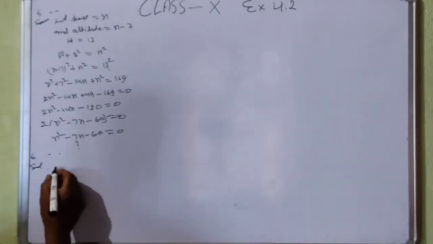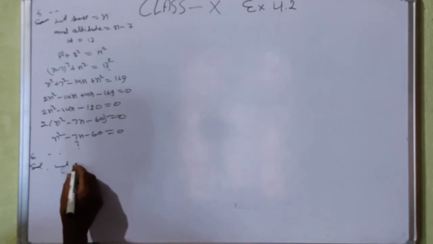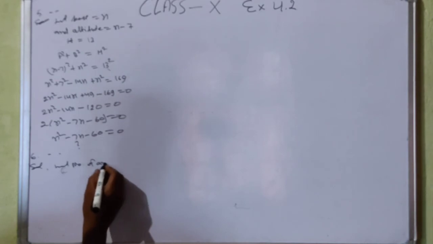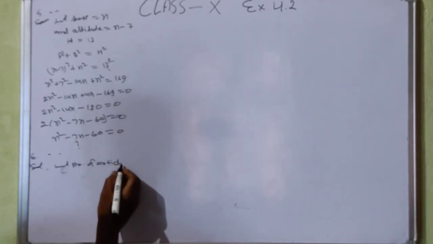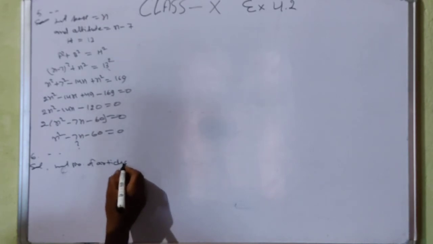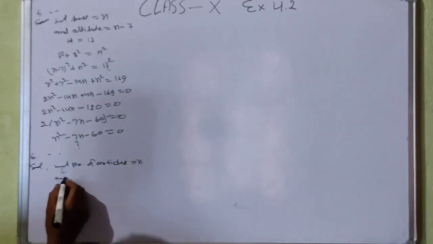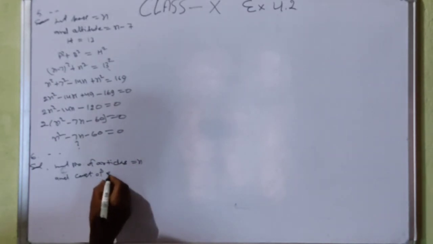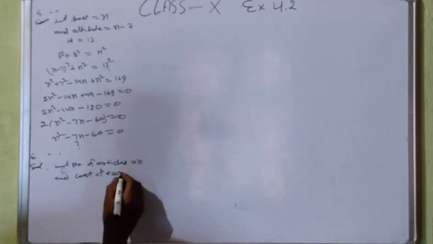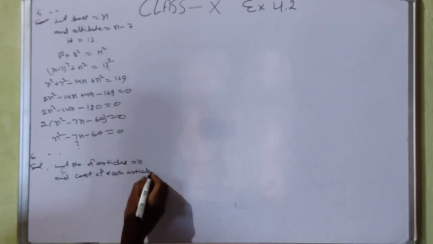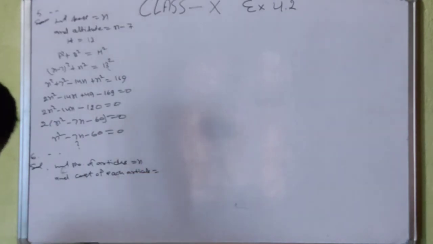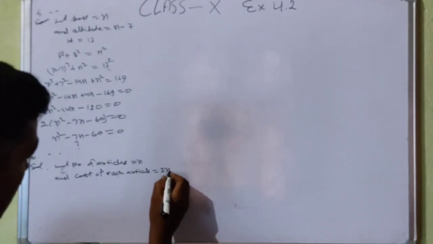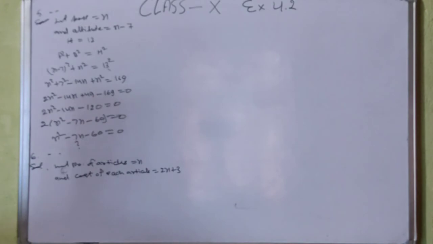Okay, let the number of articles be equal to x, and the cost of each article is equal to 3 more than twice, that is 2x plus 3.